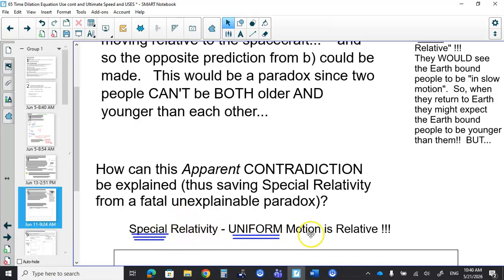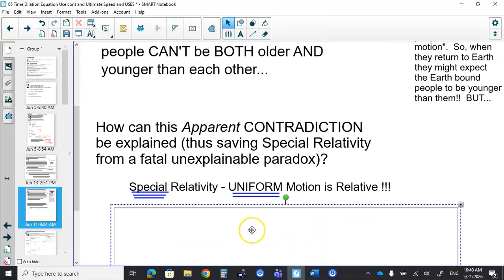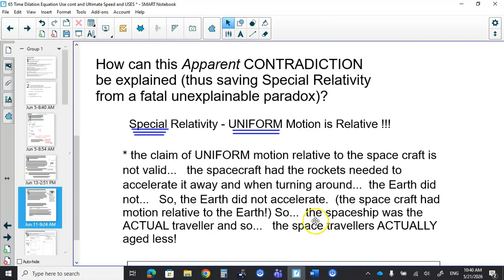Well, special relativity is the fact that uniform motion is relative. So the claim of uniform motion relative to the spacecraft is not valid. Earth can't consider itself as being in uniform motion because an acceleration had to happen, right? Clearly, the Earth didn't accelerate away from the spacecraft and then turn around and come back. That's just not what happened.